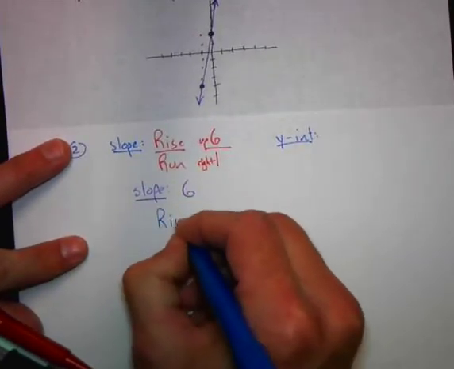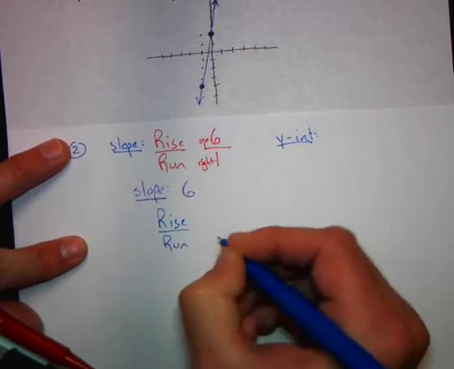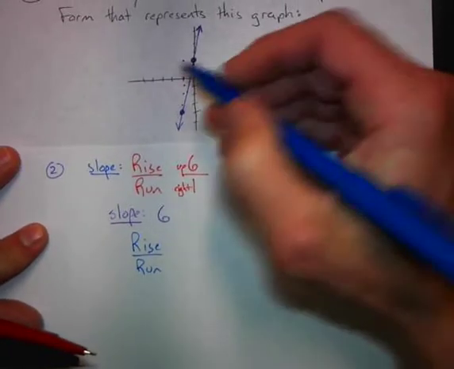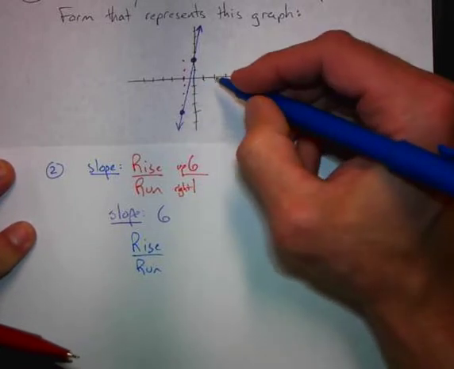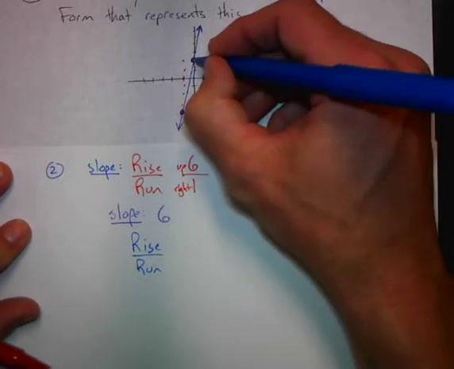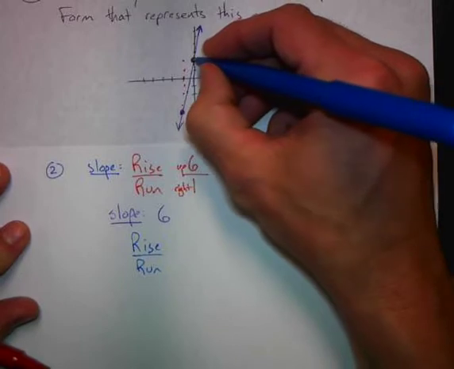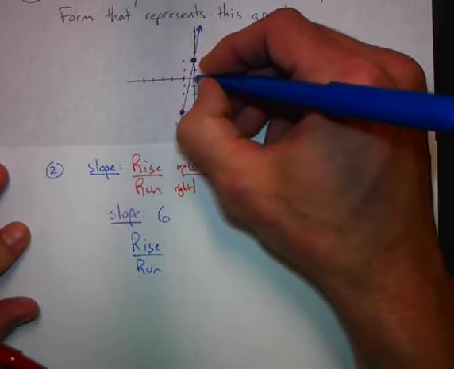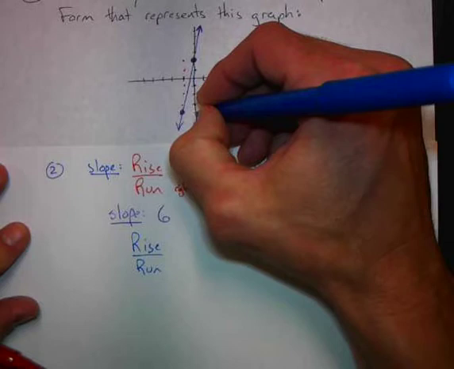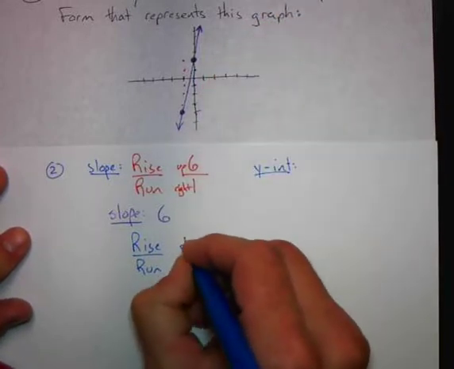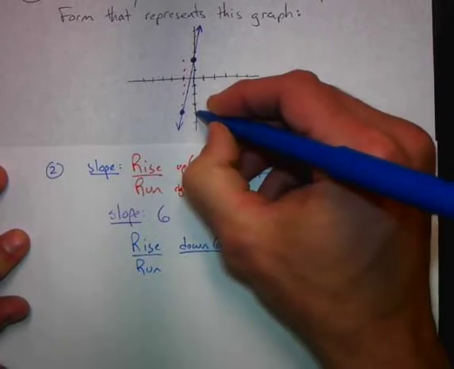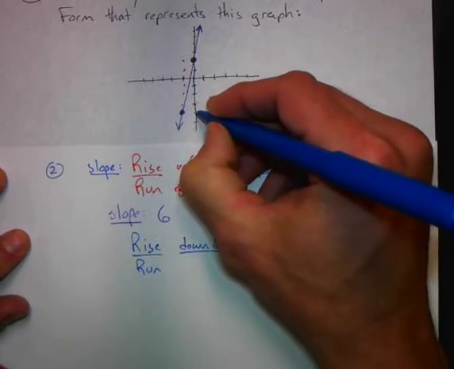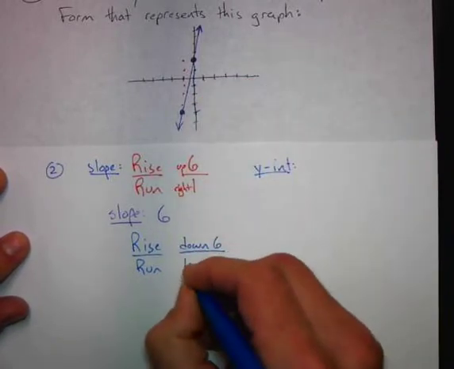Let's pretend we had rise over run, but instead of counting from the left point to the right point, we counted from the right point to the left point. If we start at the rightmost point, we would go down 1, 2, 3, 4, 5, 6. We would go down 6. From that down 6, we would go to the left 1.